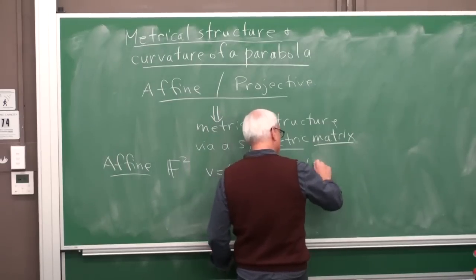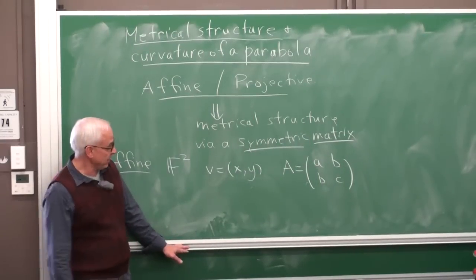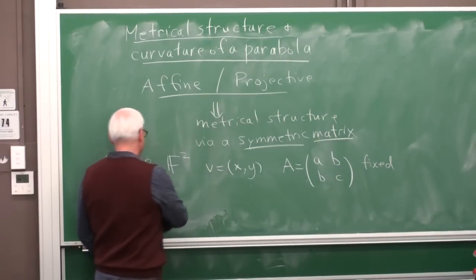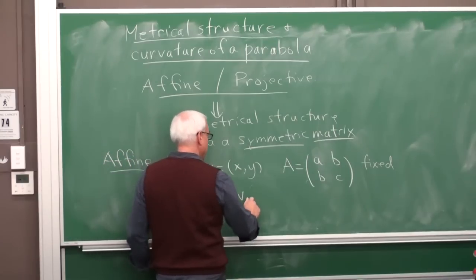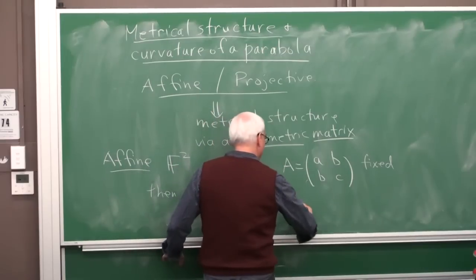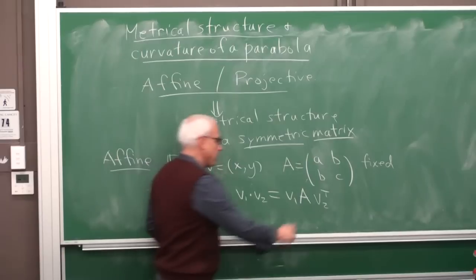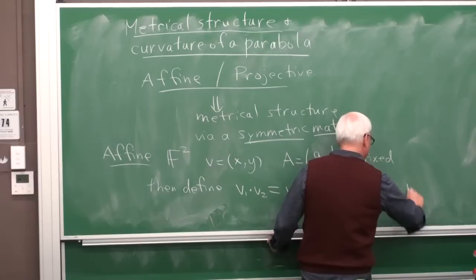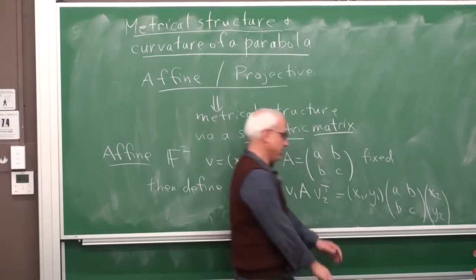So if A is a symmetric matrix, a 2 by 2 symmetric matrix, and let's fix it, then we can define V1 dot V2 to be V1 times A times V2 transpose. By which we mean x1, y1, and then the matrix A, and then x2, y2 on the right as a column.